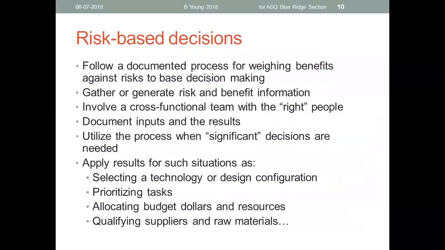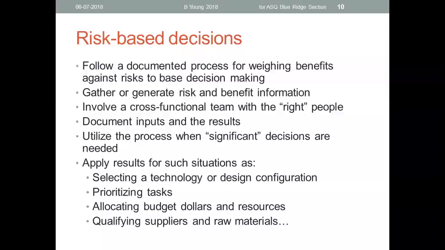When you are setting up risk-based decisions, you want to set up some method for weighing benefits against risks, because your risk decisions will be to show that when you make a choice, it will be the most beneficial choice available. You want to gather information about the risks and the benefits that may be affected and involve a cross-sectional team.